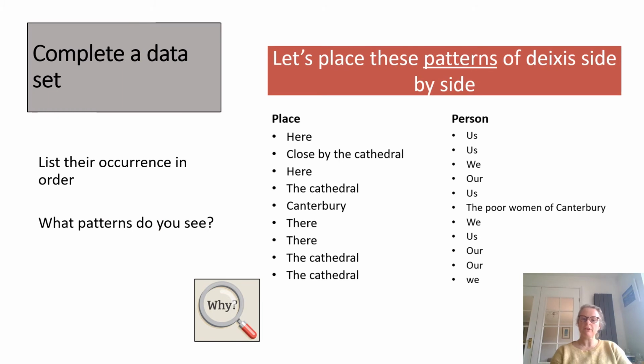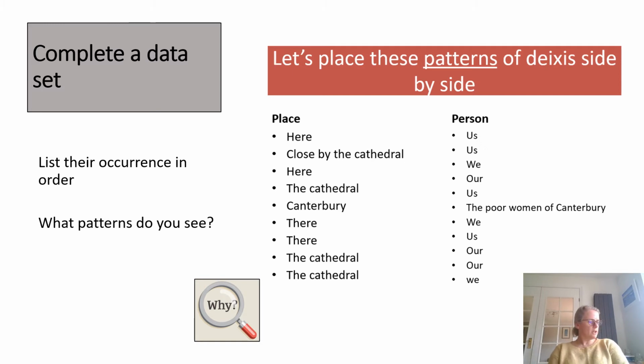So I'm not very mathematical, but I do like this approach. It's very logical. So you've highlighted in the poem, or the student might have highlighted, all the words relating to place and all the words relating to person. And then what they would do is literally list them in order. And then you can look for the patterns.